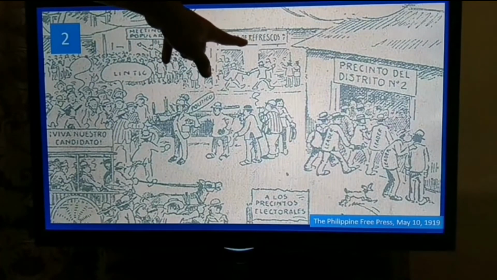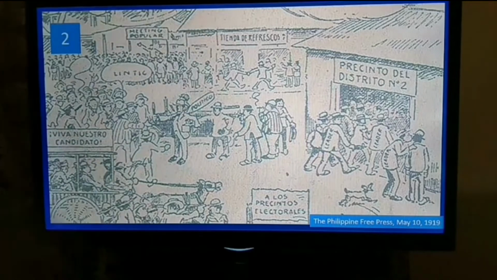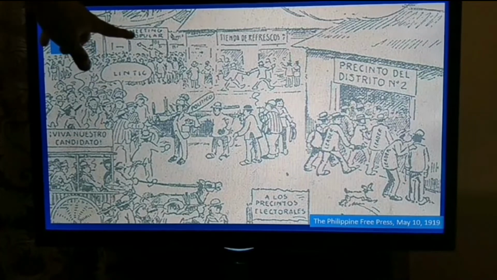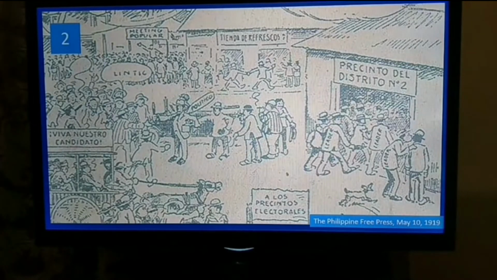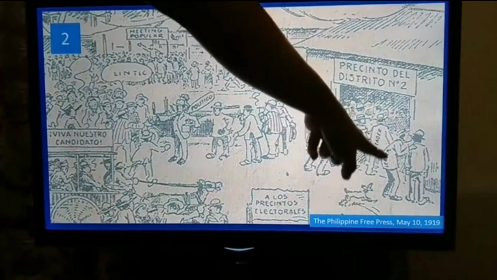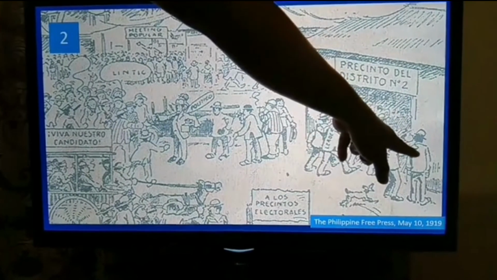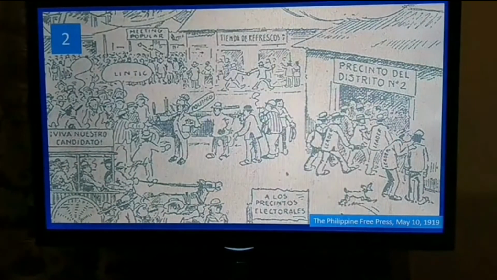Tienda de refrescos. What does that mean? Store of refreshments. Meeting popular. So there is a meeting there. And as you can see, the election during that time was really festive and dirty. Can you see this? Somebody's whispering to a voter what to vote.